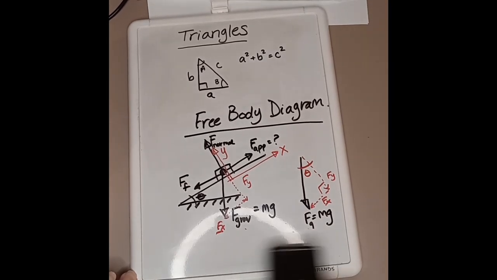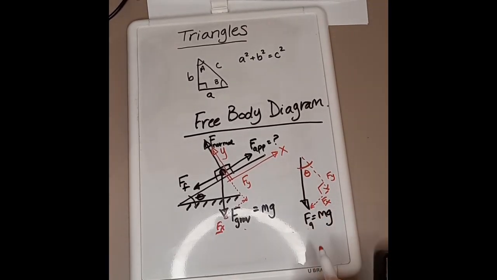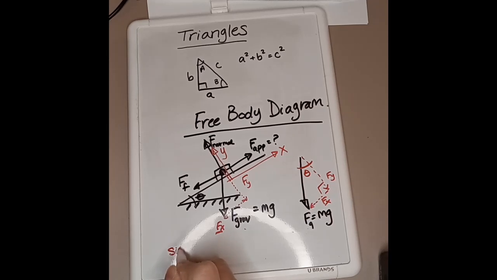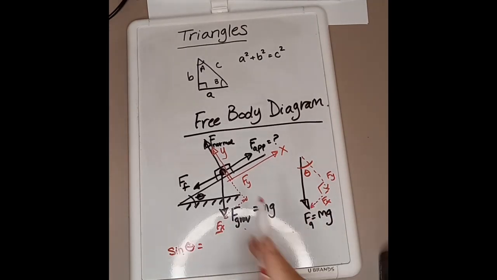Similarly, if we wanted to know the x component of this gravitational force, we see that the x component is opposite of theta. So opposite would be our sine. Sine of theta is opposite over hypotenuse, so opposite is Fx divided by the hypotenuse, mg.